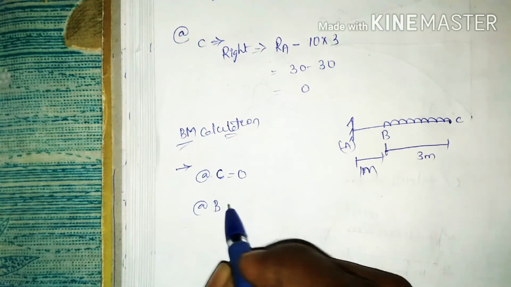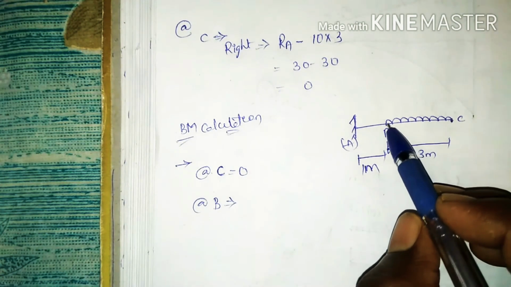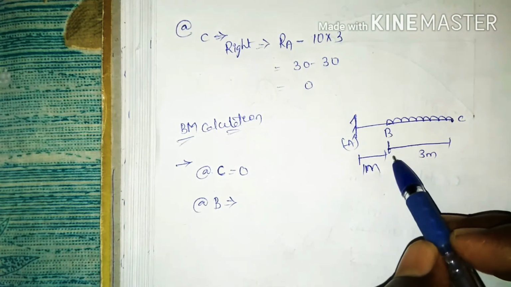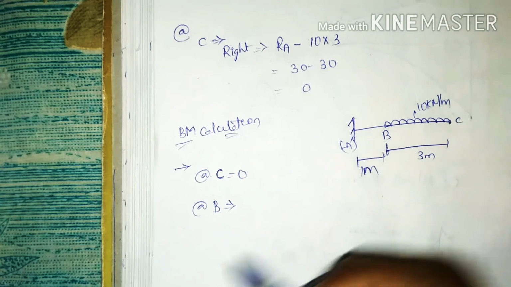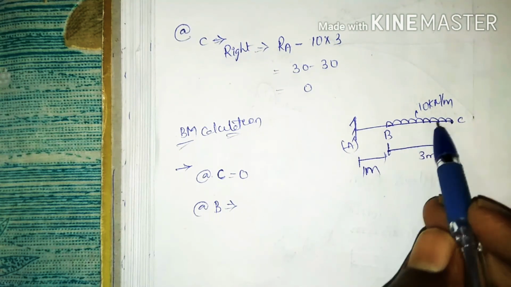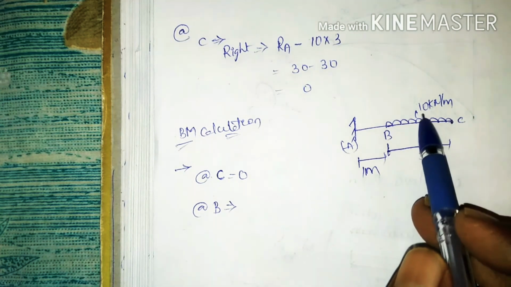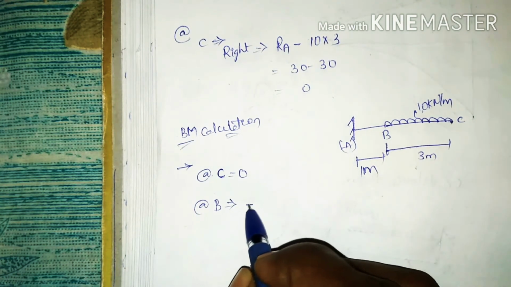Then, the moment at B. Here we are having a UDL load from C to B, that is 10 kilonewton per meter. The load is 10 into 3, which converts the UDL into a point load, with a minus sign.